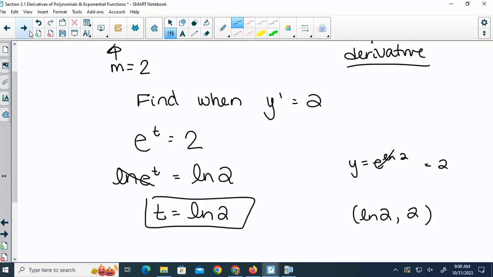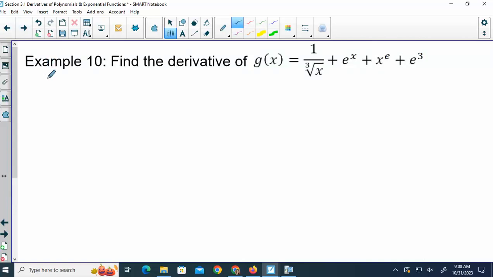Right, we're going to do 2 more together, then I'm going to have you guys do a couple, and then we'll have time to work on homework. So if I asked you to do the derivative of this, before I do anything, we need to rewrite it. 1 over the cube root of x. How would I rewrite that?